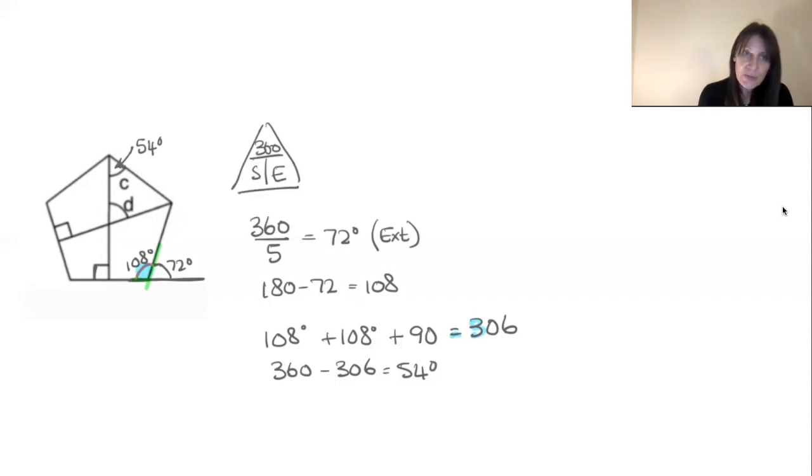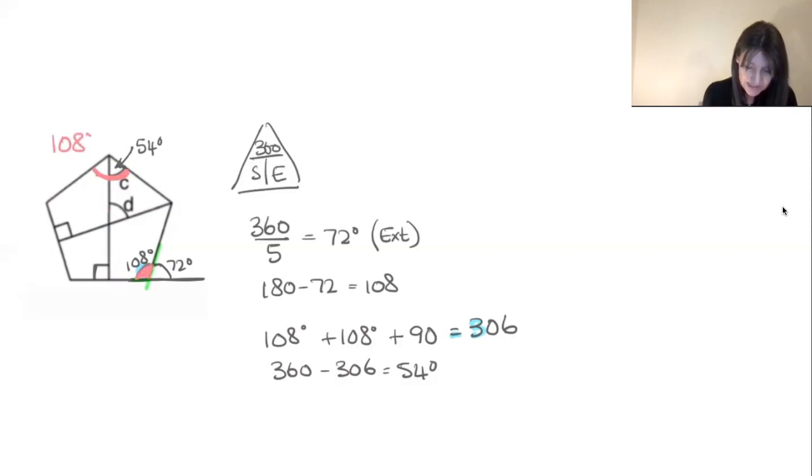But I'm going to show you how you could have got that 54 way easier. Okay. So that was what my brain thought when it first looked at it. Now it's had a little bit of time, it can see an easier way. Okay. I know that the interior angle, so the whole of that angle there, I know that's 108. I've worked it out down here.